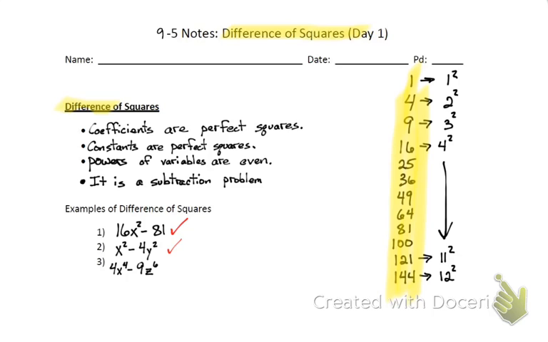In this case, both the 4 and the 9 are coefficients, both perfect squares. Both the exponents of the variables are even, and it is a subtraction problem, so we're good to go. That is also an example of a difference of squares. Alright, now we're going to move on and look at some examples that are not difference of squares.